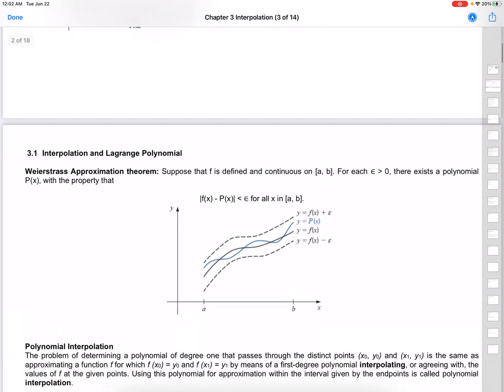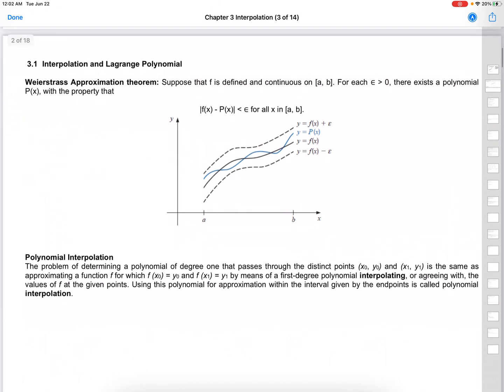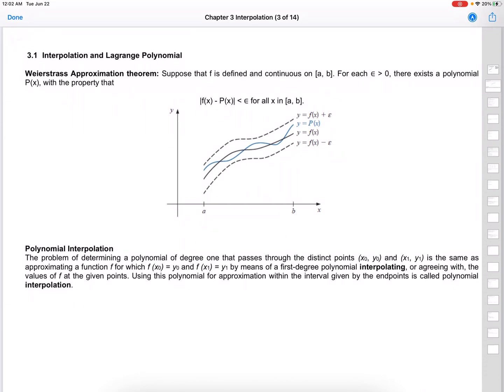Okay, so we are using the Weierstrass approximation theorem, which is saying, suppose that f is defined and continuous in a closed interval. So in a to b, function f of x is the black one, function is closed and defined in the interval, and continuous.